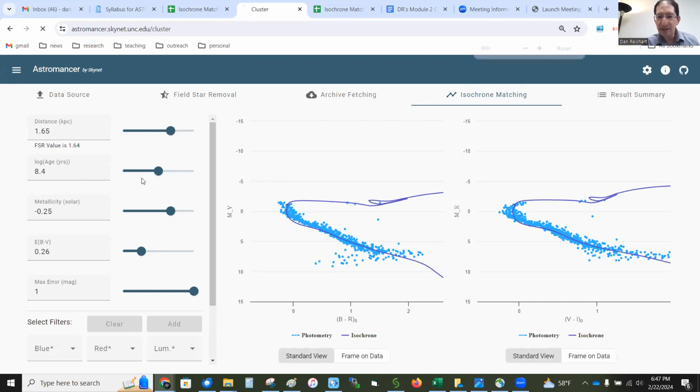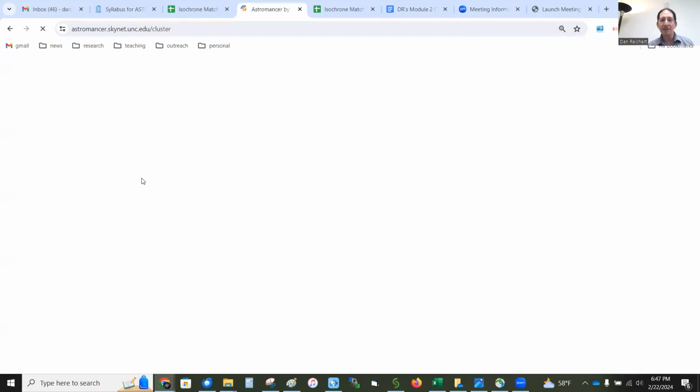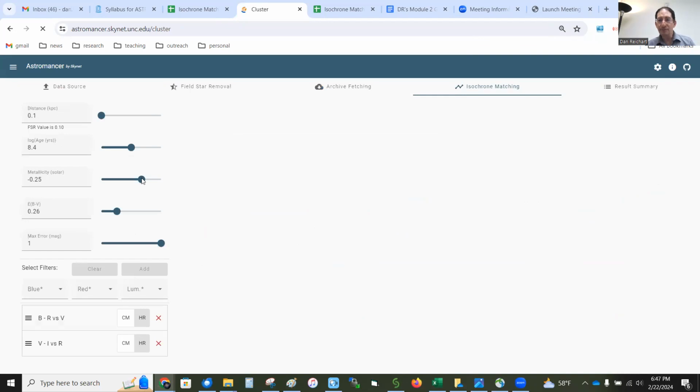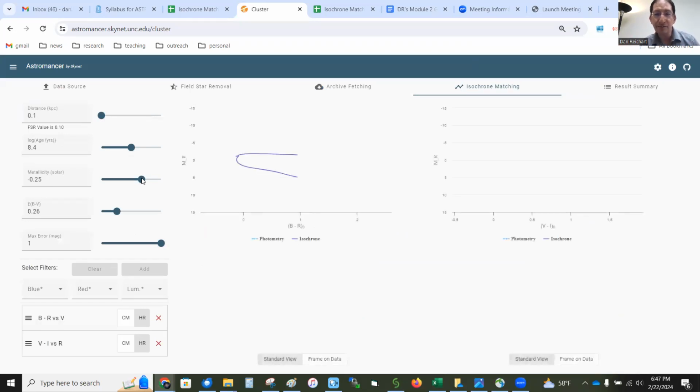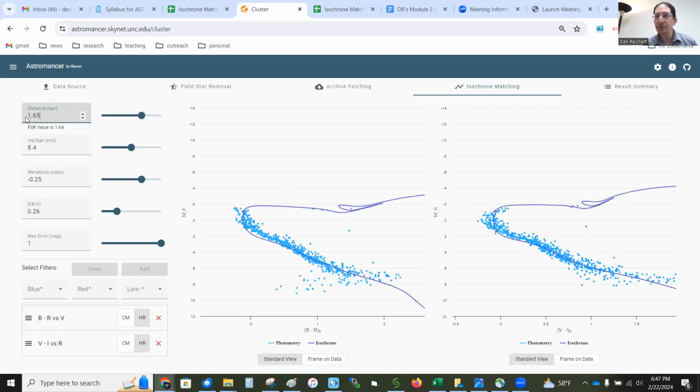You may want to hit Control minus a couple times, or Command minus on a Mac, and give yourself some more screen, give your HR diagrams some more screen real estate. And the dots also get smaller. Let's see, I'm going to have to reset my distance here. It forgot it after I changed the screen size.